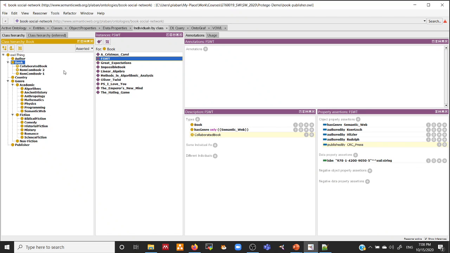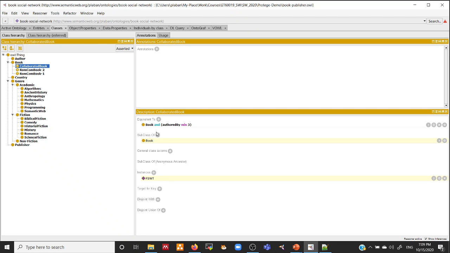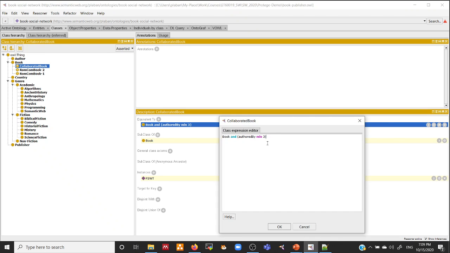So we have now demonstrated the unqualified cardinality restriction with respect to this min cardinality. Now I want to demonstrate other things. If we change this back to the original definition of collaborated book, let us keep it to be author.